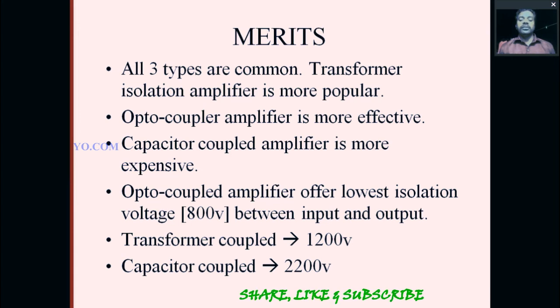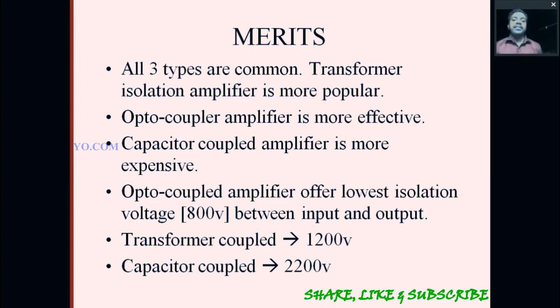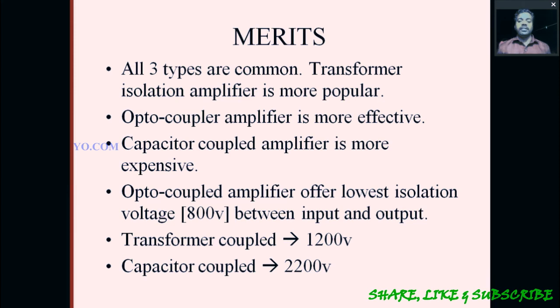So the difference is 2200 volts for capacitor coupled, 1200 volts for transformer coupled, and 800 volts for optocoupled. Most devices are based on the transformer coupled amplifier, while capacitor coupled is used in very high quality instruments.